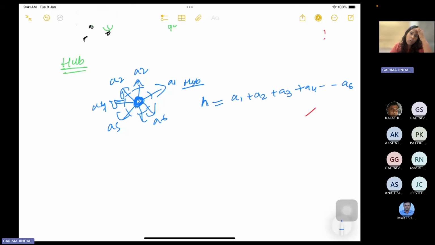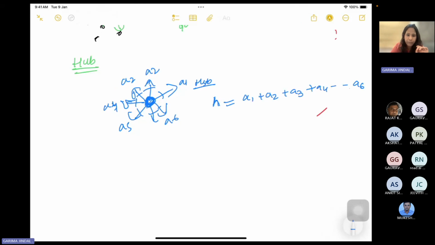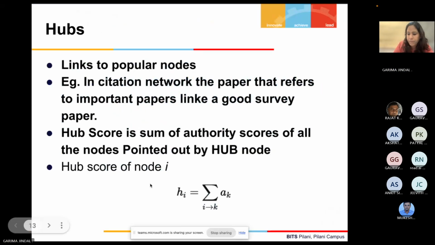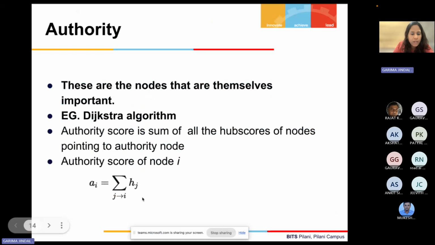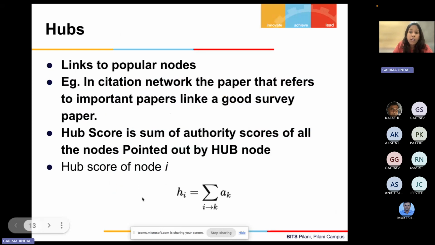So this is how we quantify hub score. Now in hubs, what is important is a node's outgoing edges. Now, what is the definition of authorities?